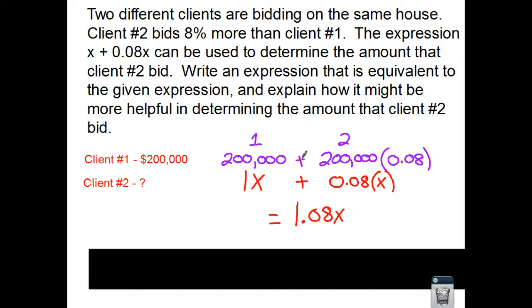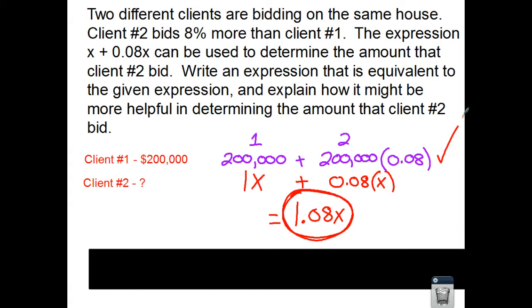Or can I just take the 1 and 8/100 X and replace the X with the $200,000? So we're looking at equivalent expressions and determining that this one is going to be a lot easier to manipulate or use than the purple line right here.